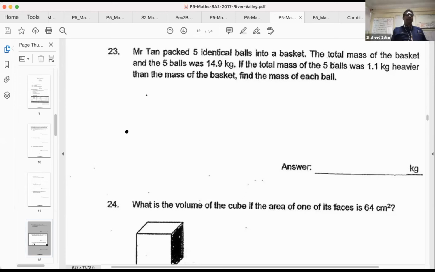But never mind, we try. You can draw a model if you want to.